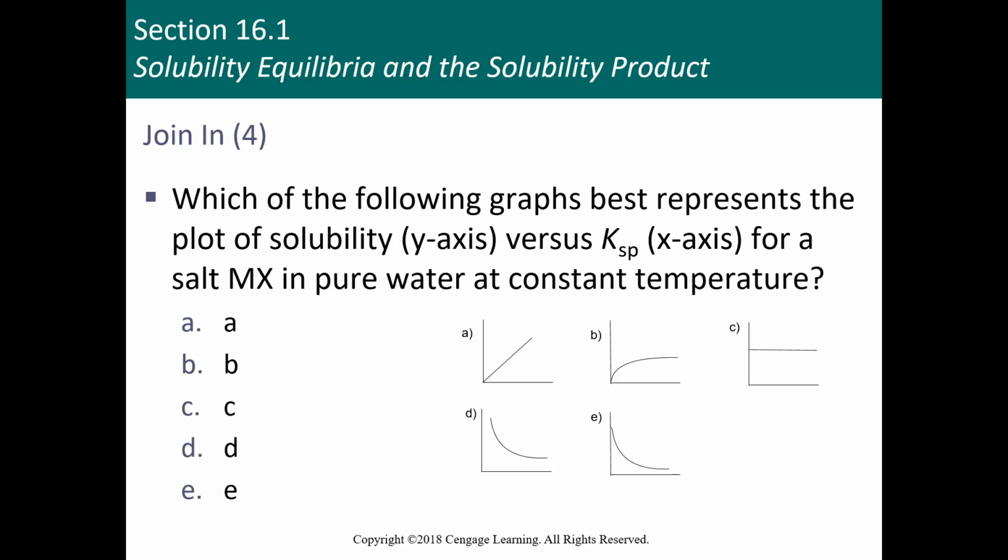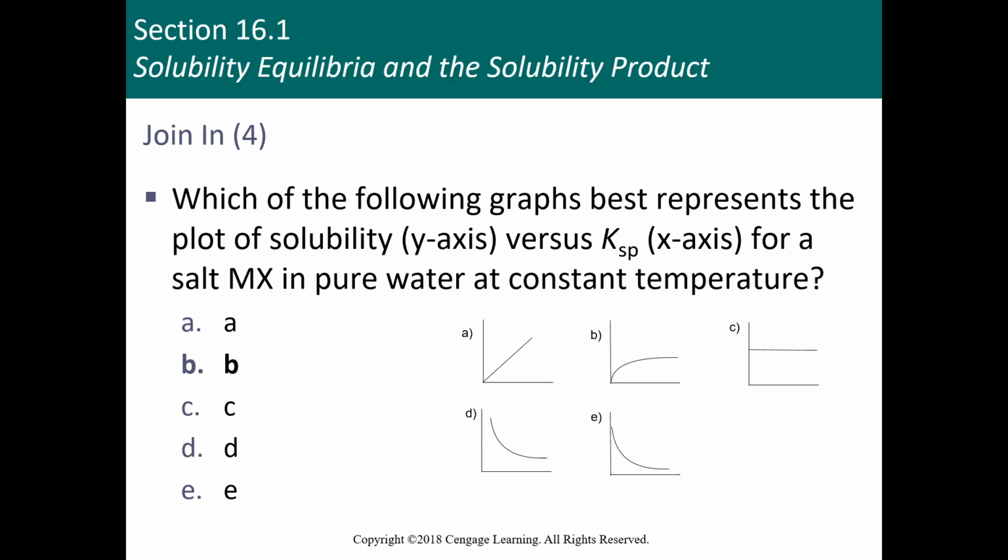All right, which of the following graphs best represents the plot of solubility, which is going to be on our y-axis, versus KSP, which will be on our x-axis, for a salt, MX, in pure water at constant temperature.